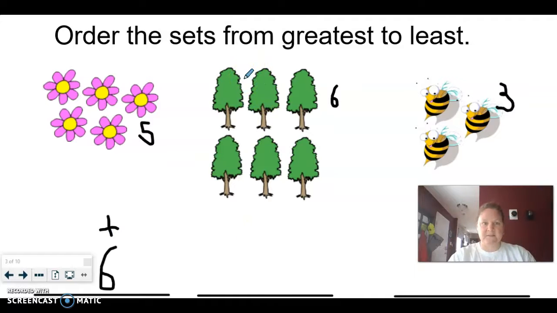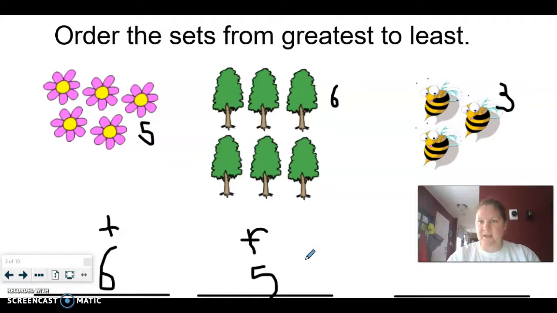All right. What comes next? When I'm thinking about counting backwards, I would go 6, 5. So 5's going to come next. Whoops, that was not a very good 5, was it? Kind of went off the page. Which was my flowers. All right. And so that means my least is what?